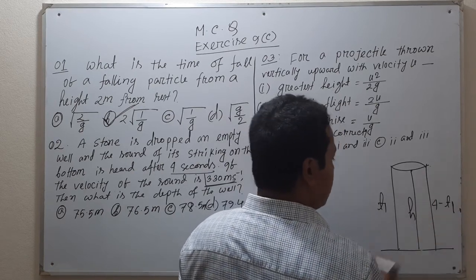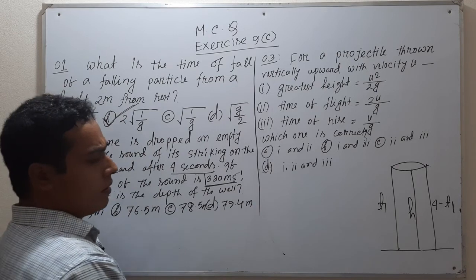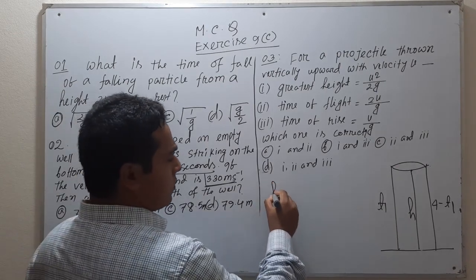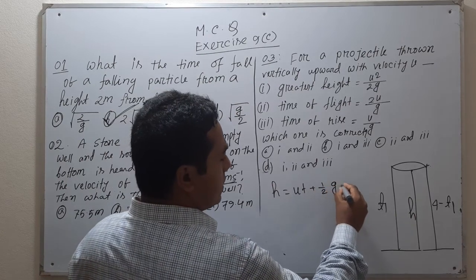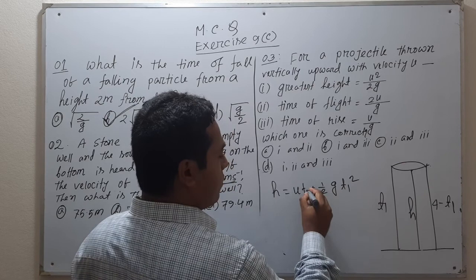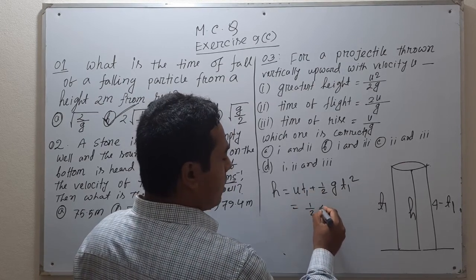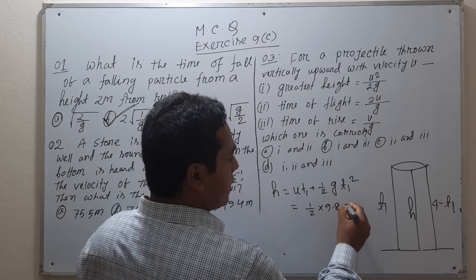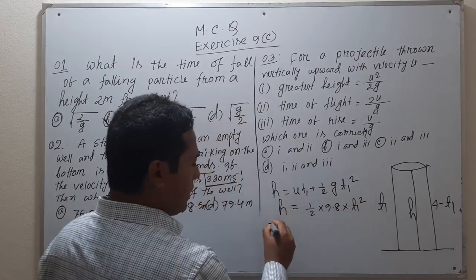Now we can apply the formula h is equal to ut plus half of g t1 square, because for this stone time is t1 and u is equal to 0, so half of 9.8 t1 square. This is our h.